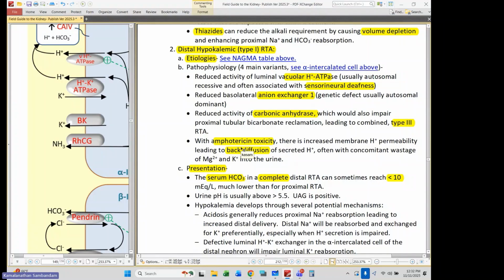Remember, the proximal RTA wastes some bicarbonate, but they achieve a new steady state in which the serum bicarbonate is dropped, but their distal nephron is still intact and can excrete the net acid load. Okay, that's why your bicarbonate doesn't continue to drop with the proximal RTA. But with that distal defect, I lack that final capacity to match my generation rate.